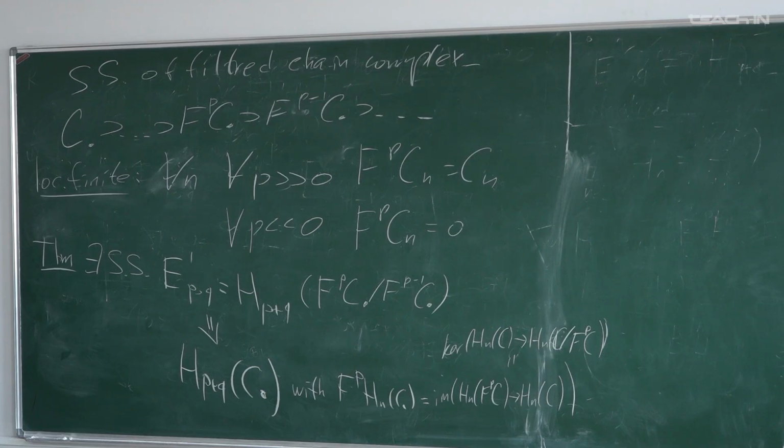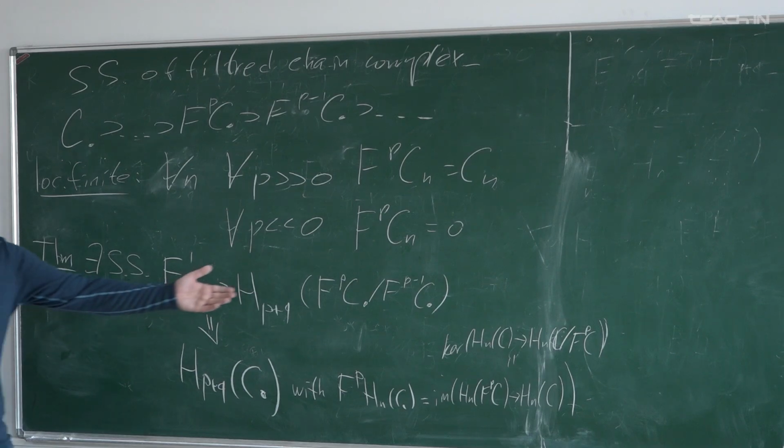If we have some chain complex, we want to calculate its homologies. Maybe they are complicated, but we can consider some filtration, and in general we can consider such a filtration that the quotients are much easier than the original complex, and their homologies much easier.